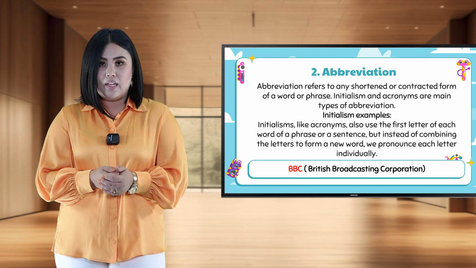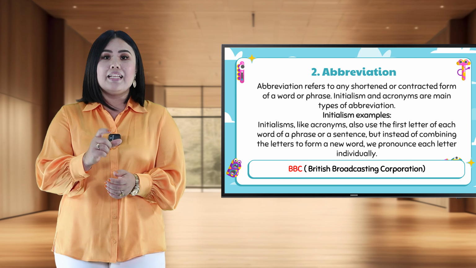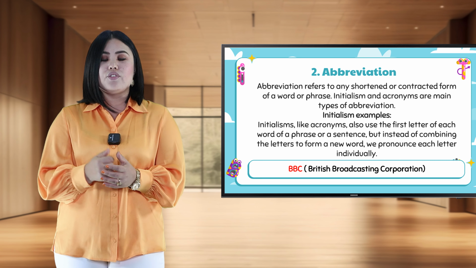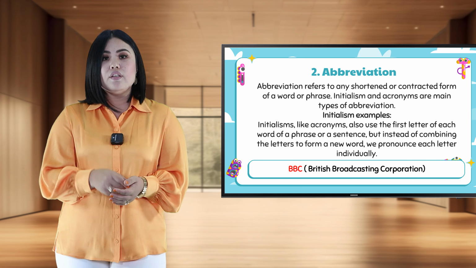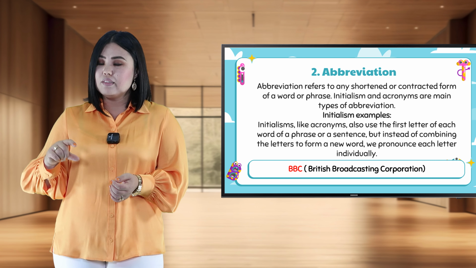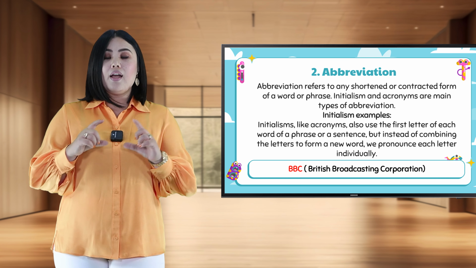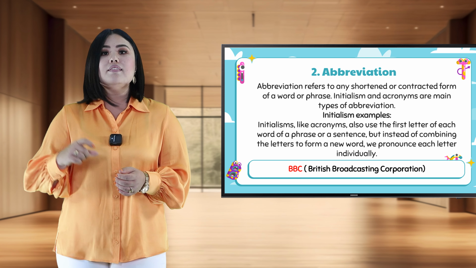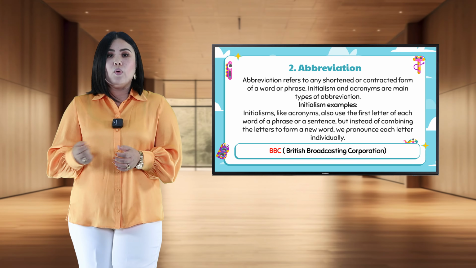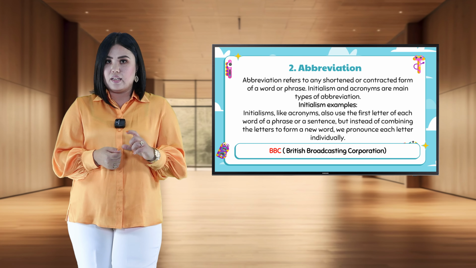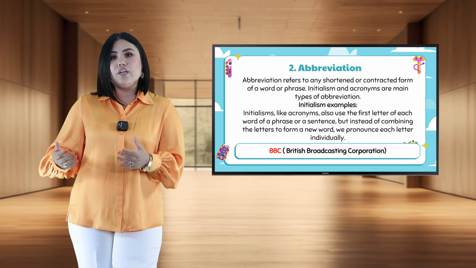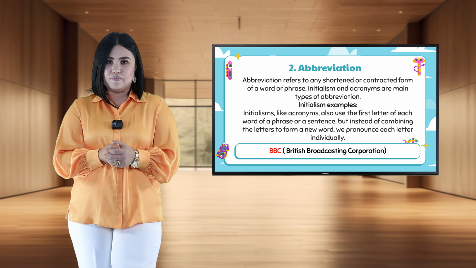Initialism is similar to acronymy, but not exactly the same. Initials are read as letters in this type. For instance, UK, United Kingdom, USA, United States of America, or BBC, British Broadcasting Corporation.